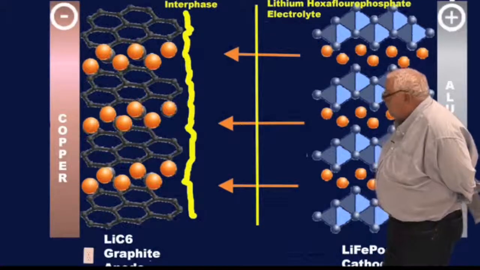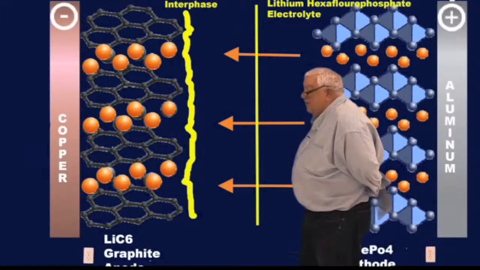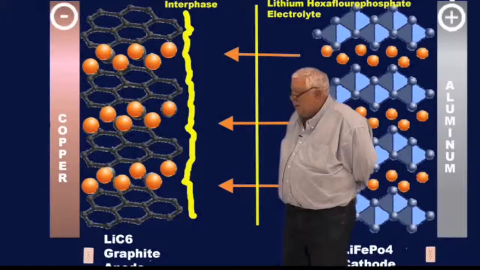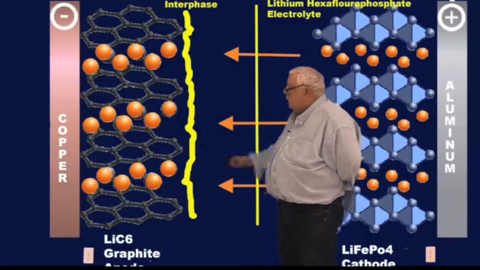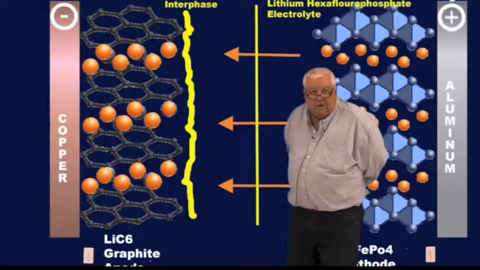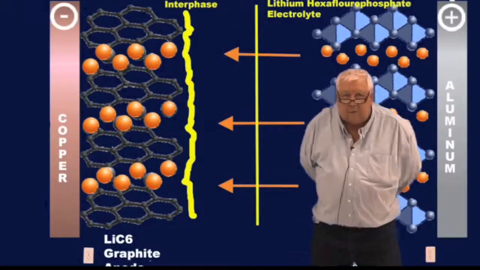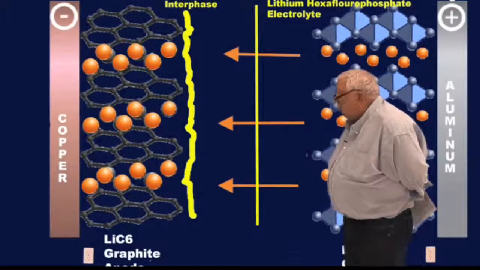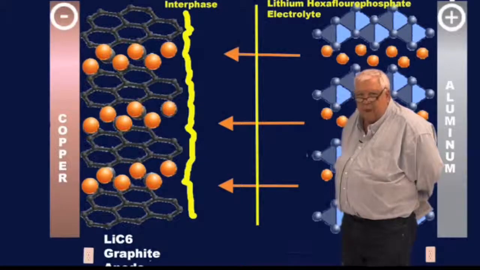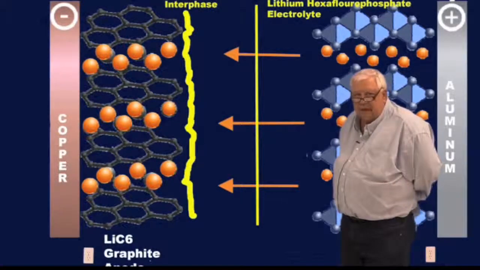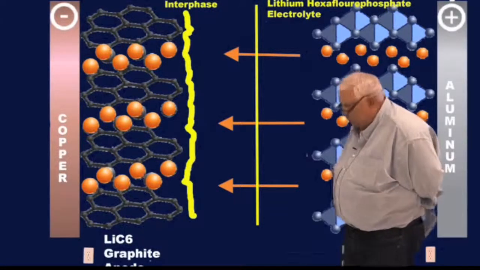And so they can diffuse through it, but it delays it, and it actually causes a little bit of a voltage drop. That voltage drop, as we increase our current, for example, in fast charging, if it reaches a certain point, it will cause a rupture of that SEI layer and a fairly catastrophic runaway situation then.